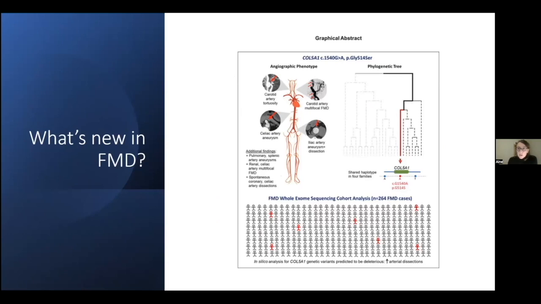So this variant has become a recurrent variant seen in patients with multifocal FMD, so that kind of string of bead appearance, and has also been shown to have a link with arterial dissections in patients with vascular abnormalities, but also with multifocal FMD. So this, again, is going to help us in the future in terms of screening our patients and trying to identify the patients who are high risk of these more severe manifestations of FMD.